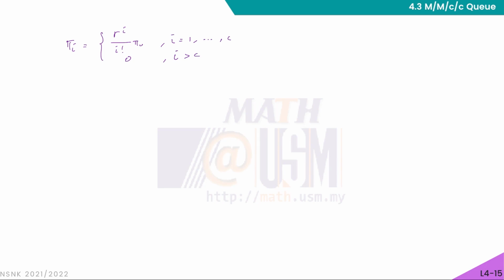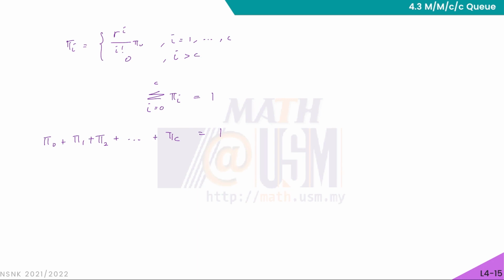Okay, so to determine our pi naught, we have the summation of i equals to 0 until C of pi_i equals to 1, where when you expand, you will get pi naught plus pi 1 plus pi 2 up until pi C equals to 1.